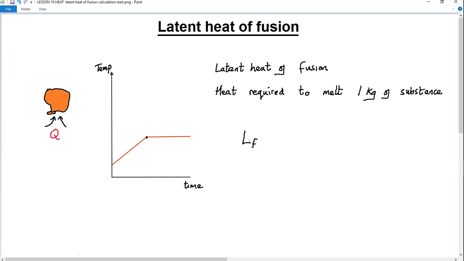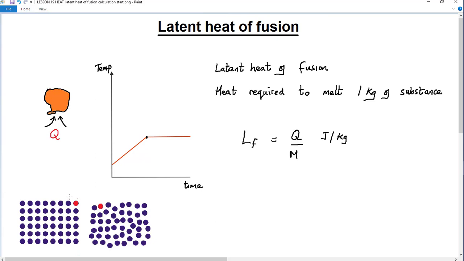So the latent heat of fusion is equal to the heat supplied to the solid during the melting process divided by the mass of the substance that is present. As the unit for heat is joules, it's a type of energy, and the unit for mass is kilograms, so it's joules per kilogram. That is the unit for latent heat of fusion.